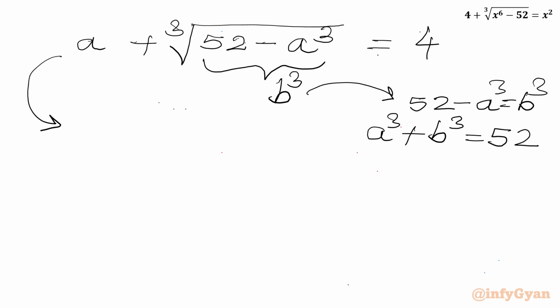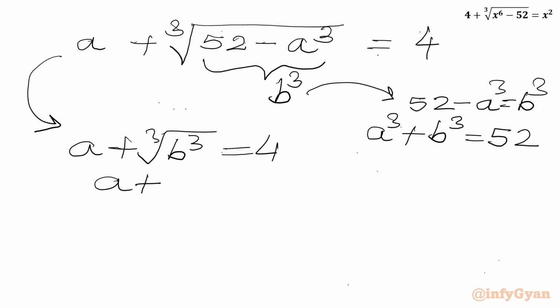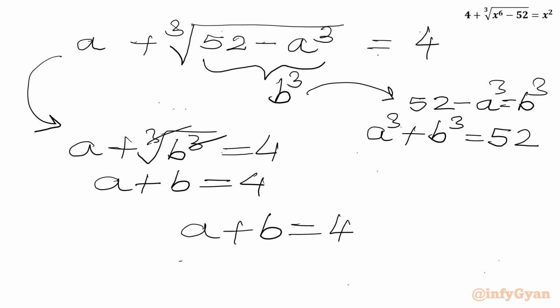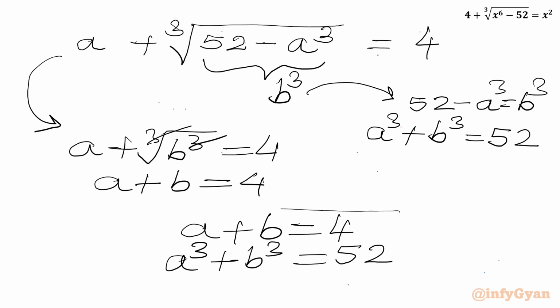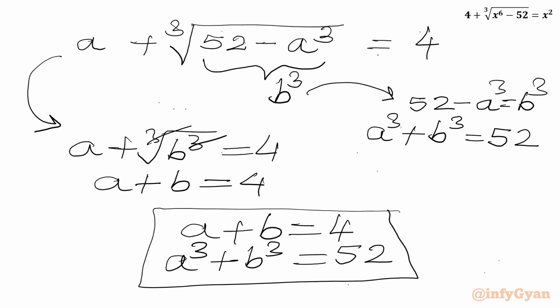And from the original equation after substitution we can write a plus cube root of b cube equal to 4, or a plus b equal to 4, as we can cancel cube root with cube. So we have two equations, a plus b equal to 4, and second equation is a cube plus b cube equal to 52. Now we have to solve this new system of equations.